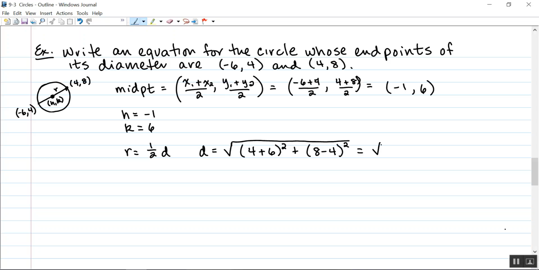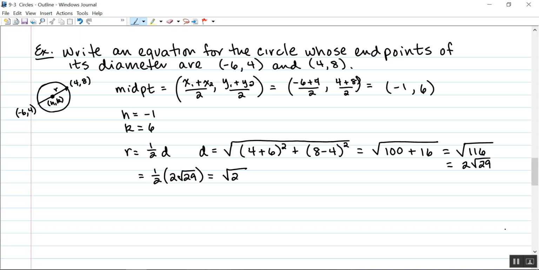That's going to give me the square root of 10 squared, which is 100, plus 4 squared, which is 16, or the square root of 116. I'm going to try to keep this as exact as I can. Doing a factor tree on that and simplifying, the square root of 116 is 2 times the square root of 29. Now, that's my diameter, so my radius is going to be half of that, half of 2 times the square root of 29, or just the square root of 29.